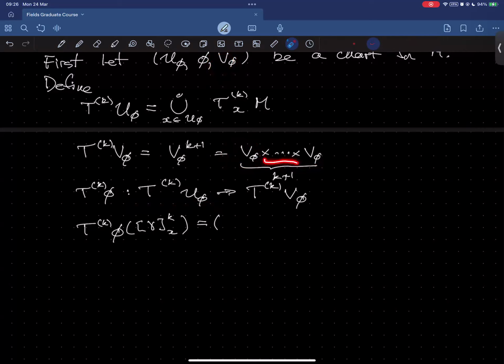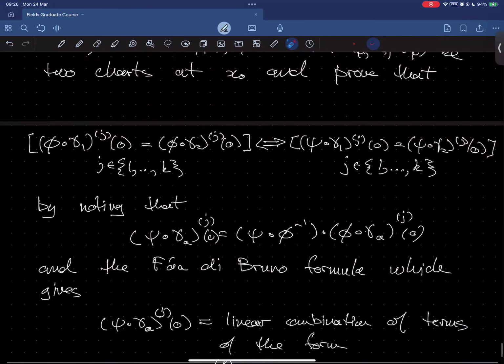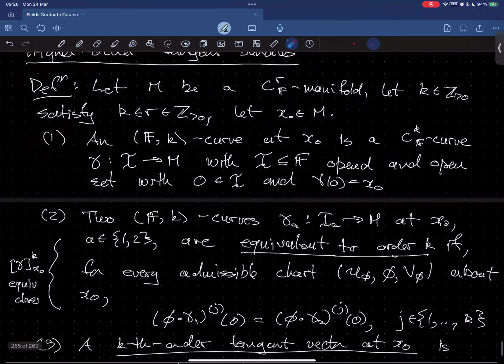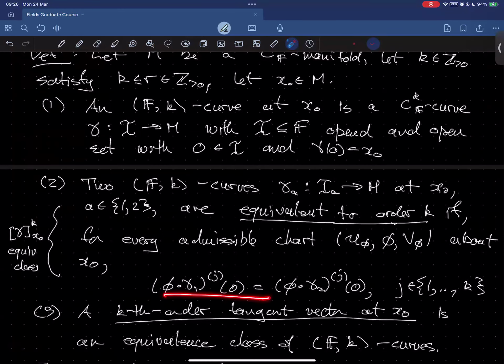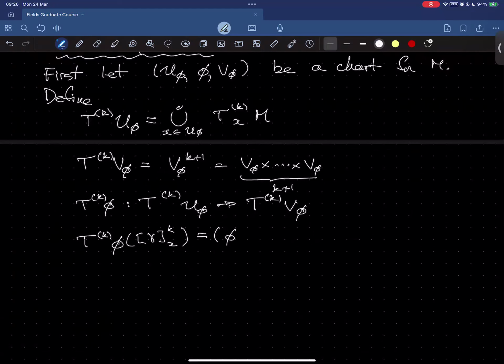And then the remaining k terms in the product are going to be these derivatives, the first k derivatives of gamma composed with phi: phi composed with gamma 1 at 0 up to phi composed with gamma k at 0.